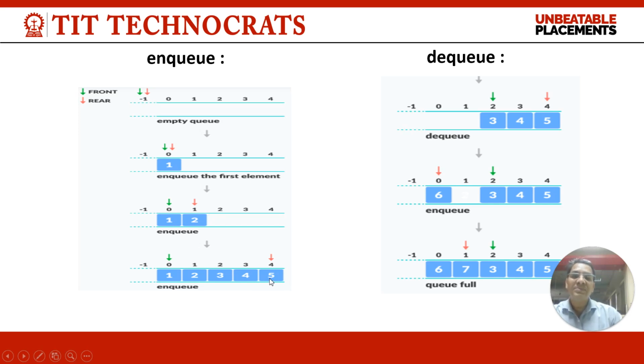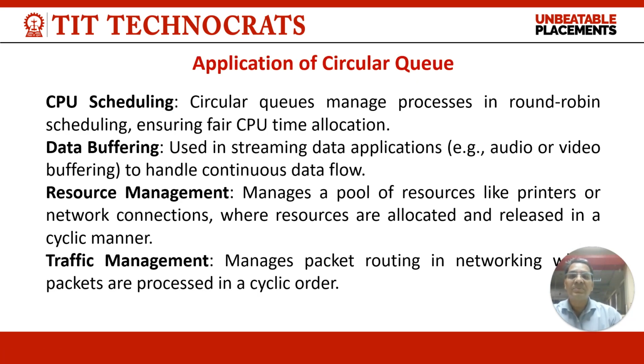When all the places are filled, the queue is in the full condition, and if we want to insert a new item, it is not possible because the queue is full. Similarly, dequeue operations are performed on this full queue. One by one, each element can be deleted. If there are no elements, no deletion operation can be performed.